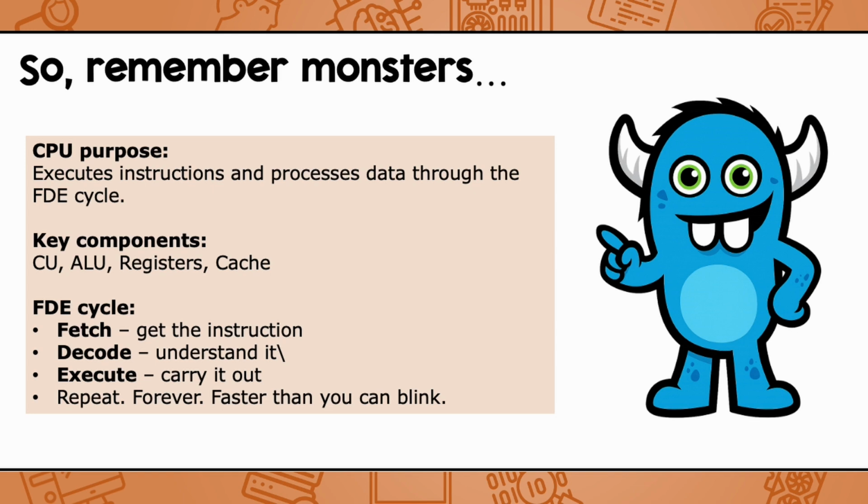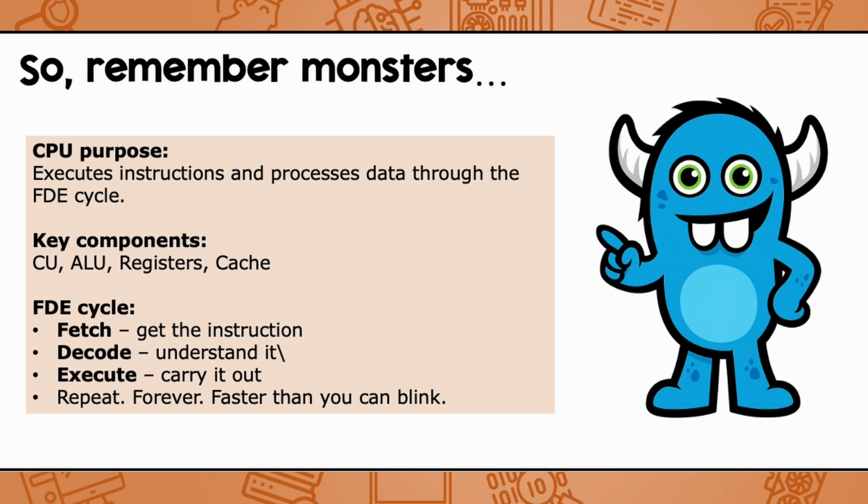So remember, the CPU's purpose is to execute instructions and process data through the fetch, decode, execute cycle. The key components are the control unit, the arithmetic logic unit, the registers, and cache. Those specific registers are the memory data register, the memory address register, the accumulator, and the program counter.